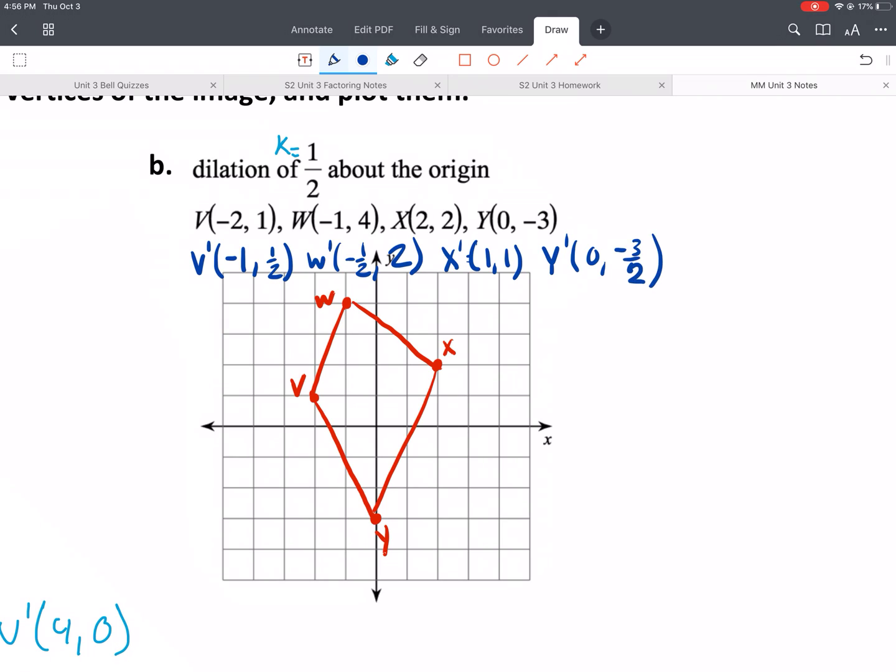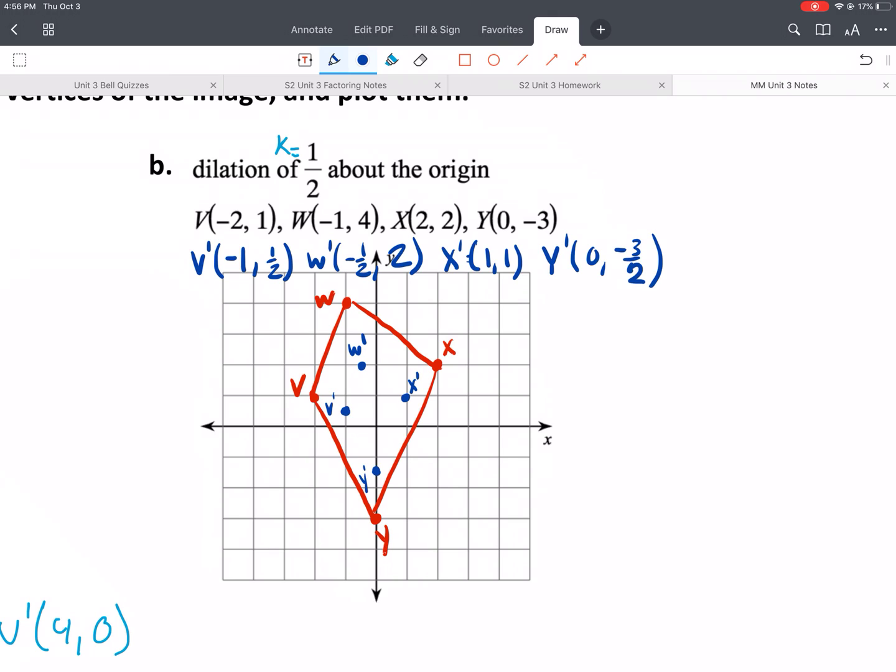Alright, so we'd replot that. We'd do negative 1/2, which is right here, that would be our v prime. Then negative 1/2, 2, which would be right here, w prime. X prime would be 1, 1. And then y prime would be 0 and negative 3/2.